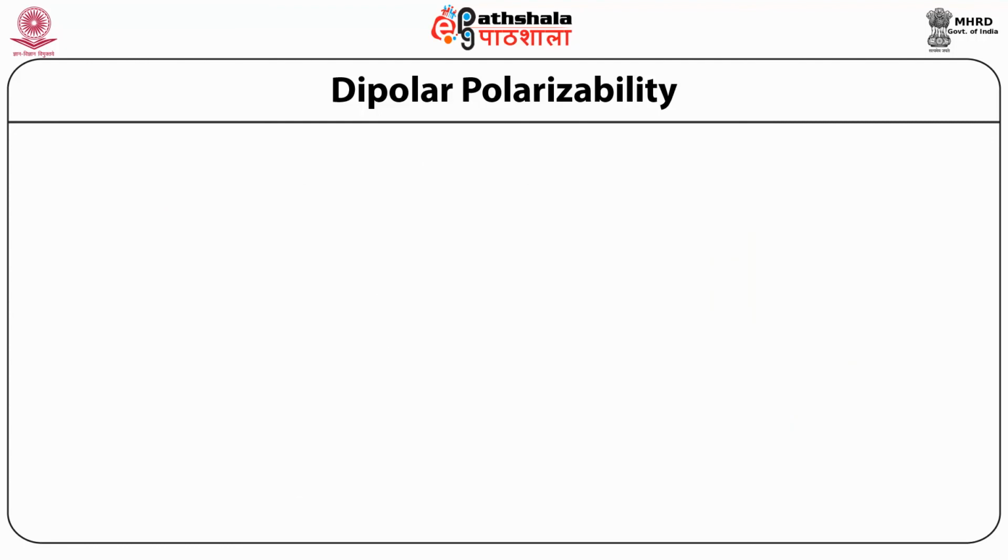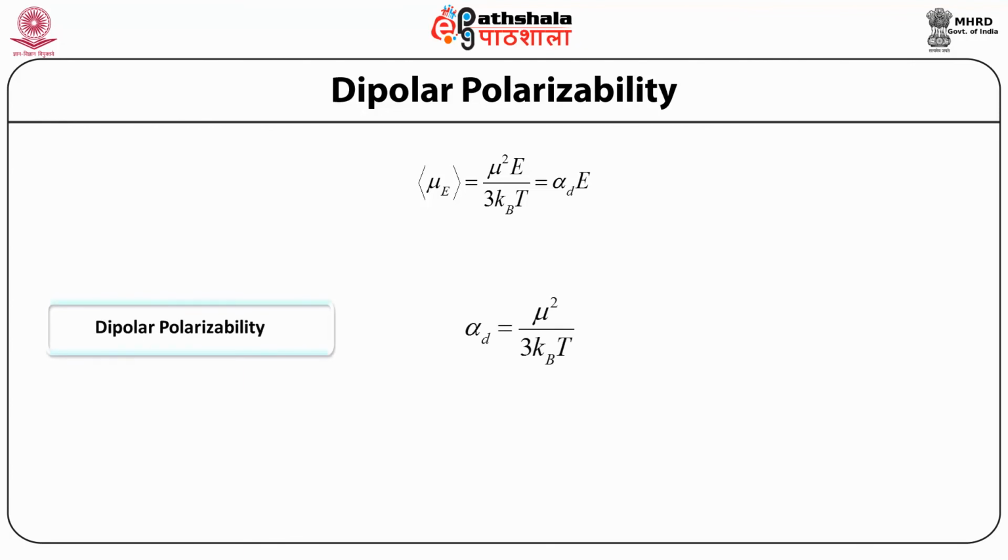So on solving further, we get that the expectation of mu is equal to mu squared E by 3 kBT, which is also equal to alpha d into E, where alpha d is the dipolar polarizability and is equal to mu squared upon 3 kBT.